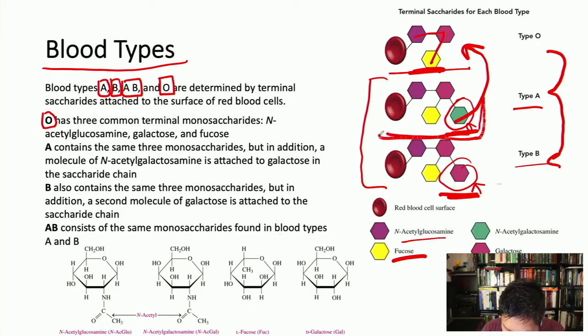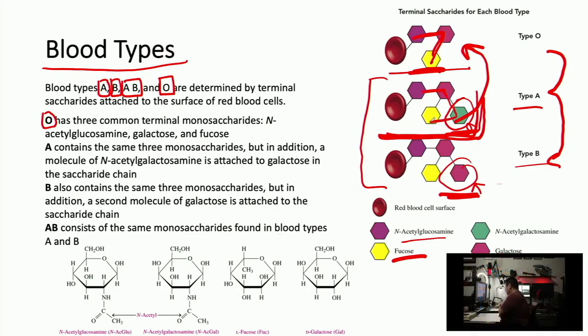It's something very foreign to that body because that body is used to having red blood cells that only have those three saccharides, not four saccharides. And that's why you can't donate type A blood to a type O patient. But you also can't donate it to a type B patient either. Because the type B patient is used to having the extra galactose in that position, not the N-acetylgalactosamine, right?